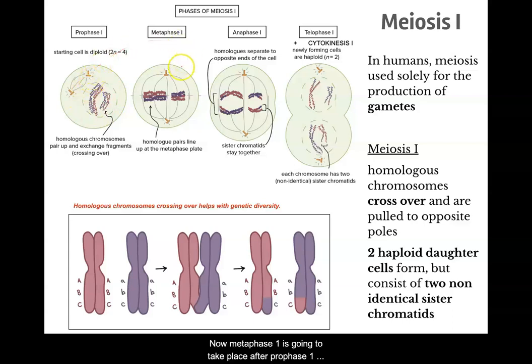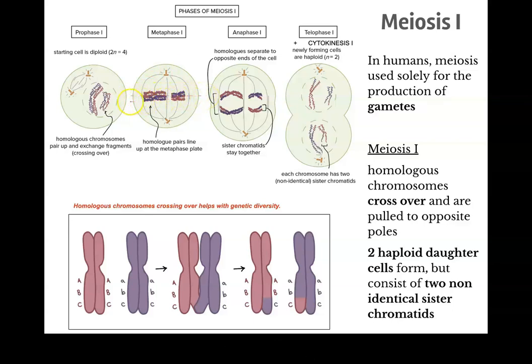Now metaphase I is going to take place after prophase I, and it is very similar in that we see our spindle apparatus being formed, finding its way over to the centromeres of the chromosomes, and we see an imaginary metaphase plate where those chromosomes line up.